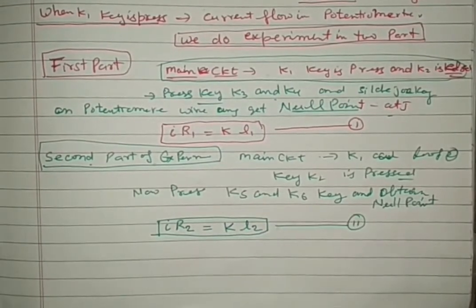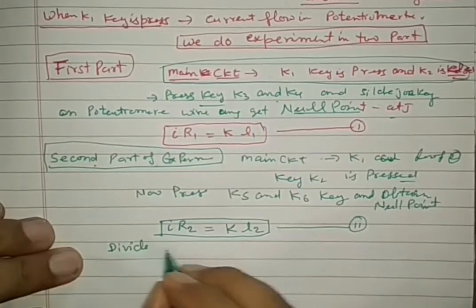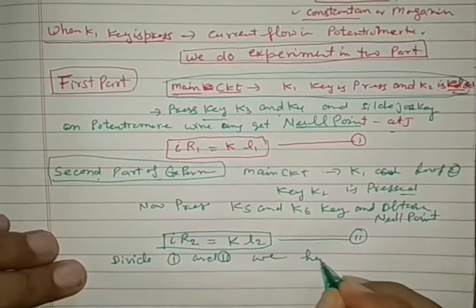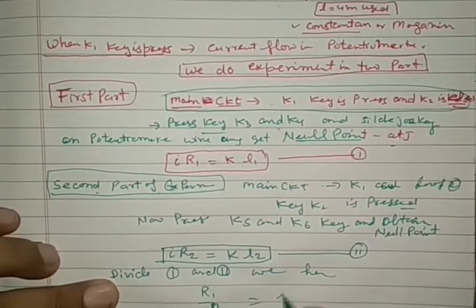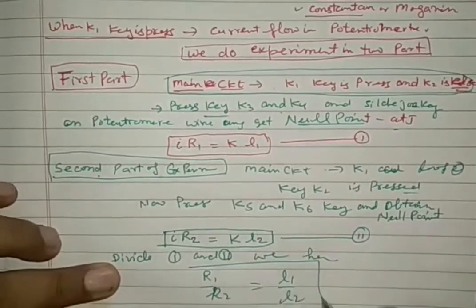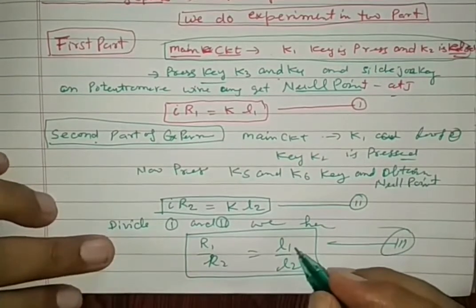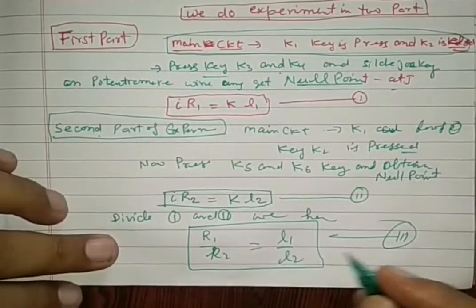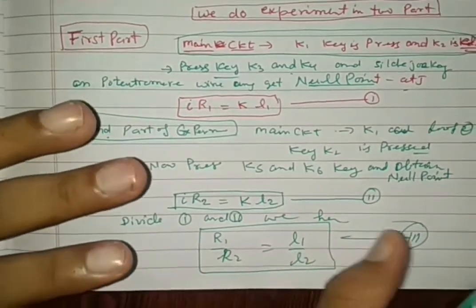We divide equation 1 by 2, and we have R1 by R2 is equal to L1 by L2. So by calculating L1 and L2 with the help of the experiment, it can be obtained.